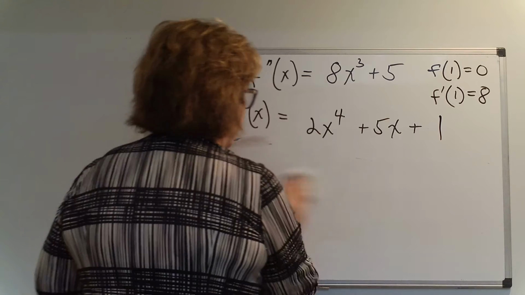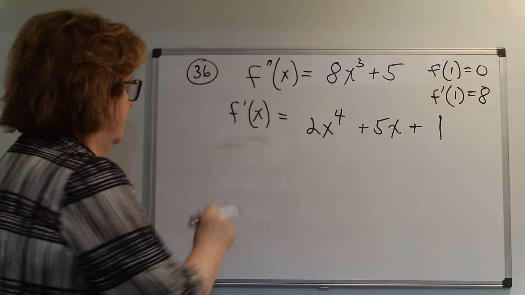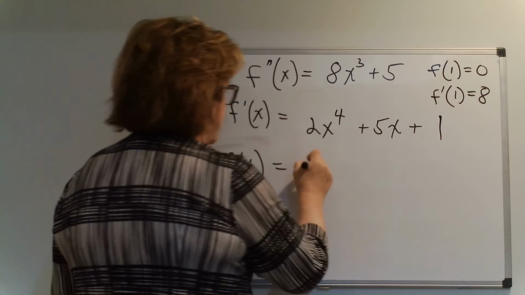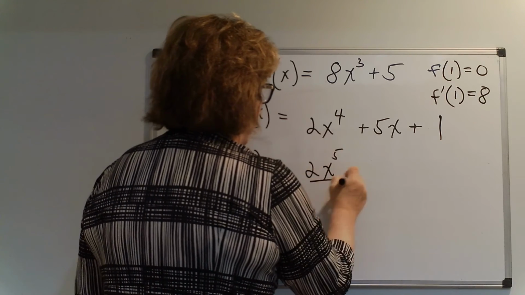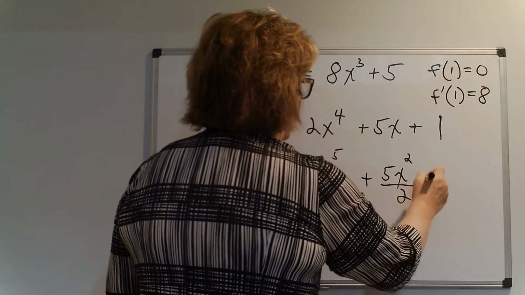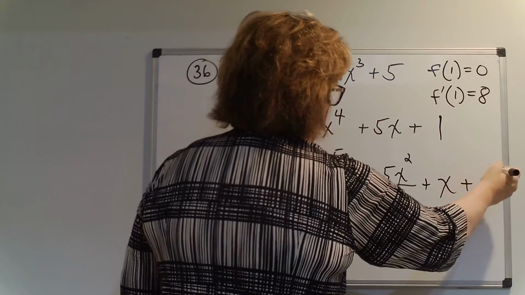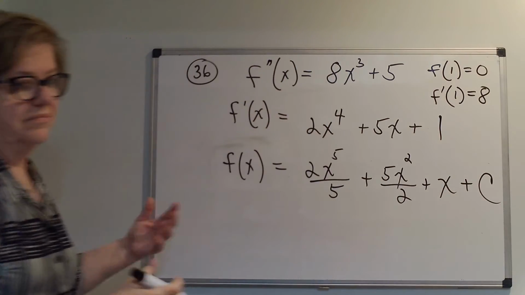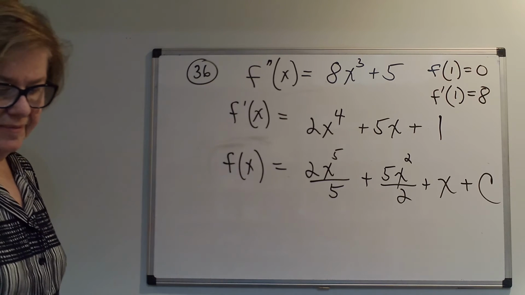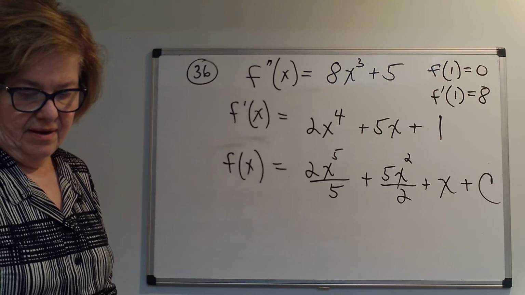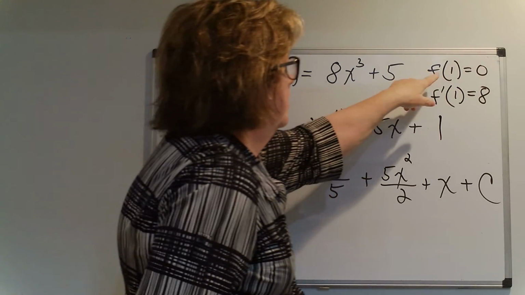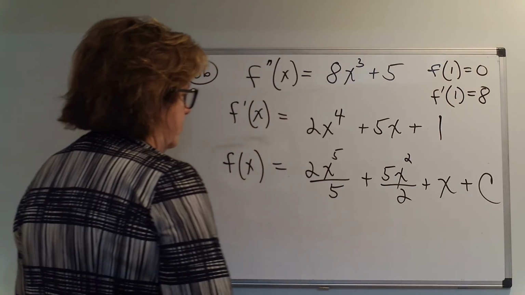So now we know what c is. Now we take the antiderivative again. Okay, 2x to the 5th over 5 plus 5x squared over 2 plus x plus, we'll call it c again. Doesn't matter, we could call it something different. Okay, so now we've got this information, that f at 1 is 0.